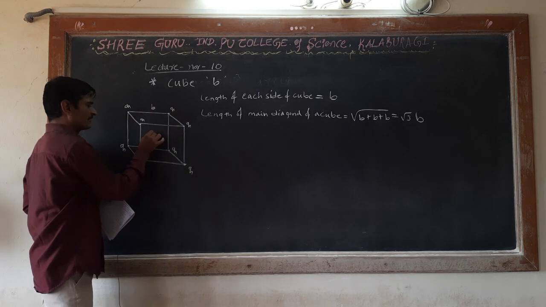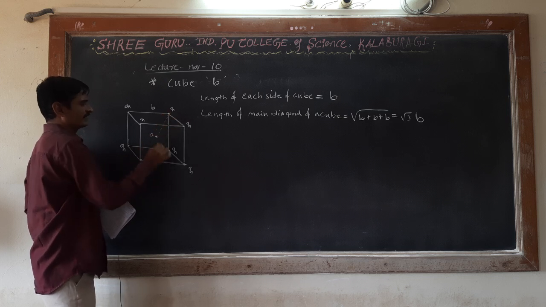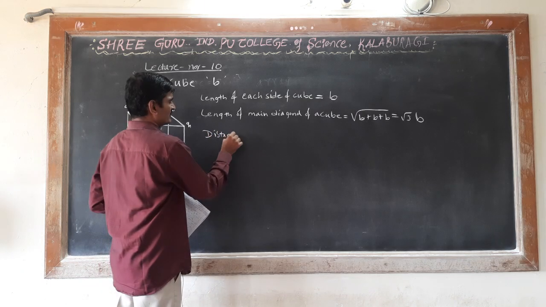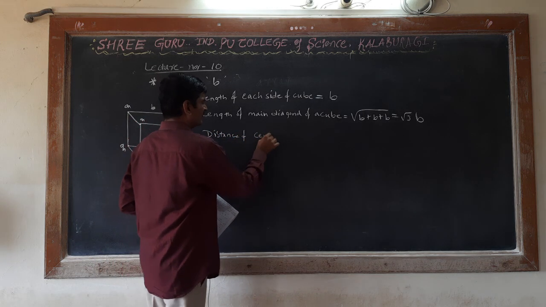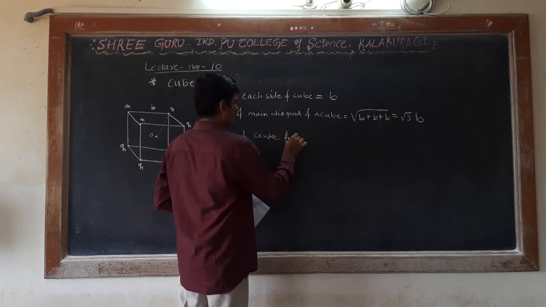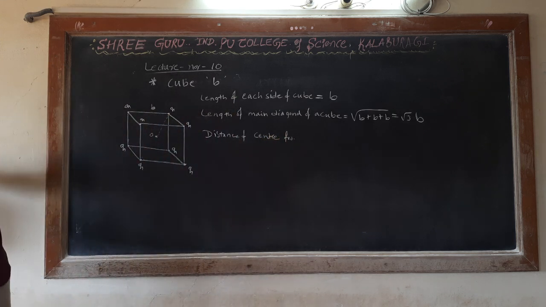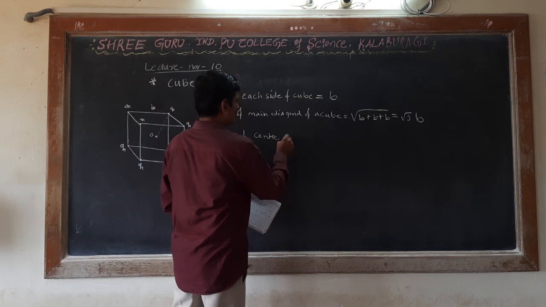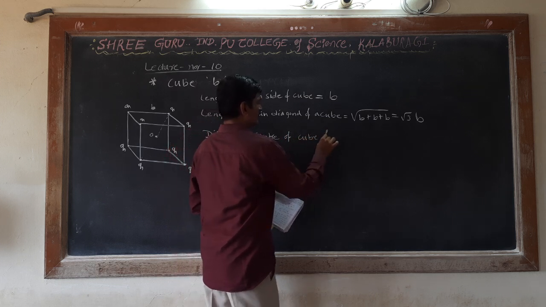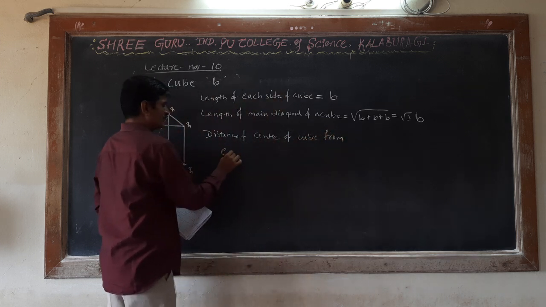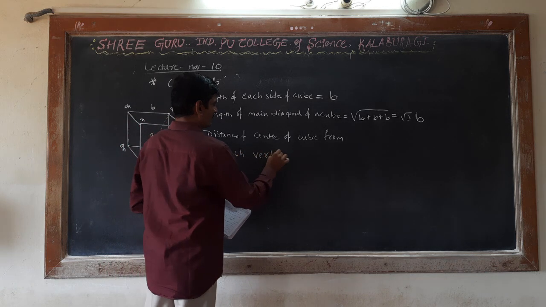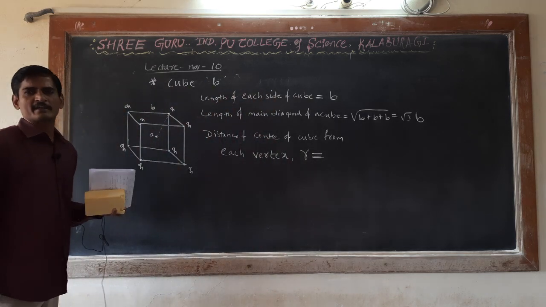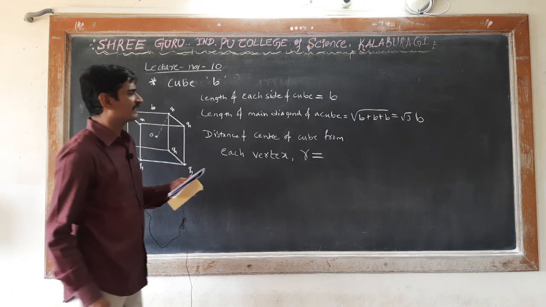Let us take the distance of the center of the cube from each vertex as r, and that will be equal to half of the length of the main diagonal.